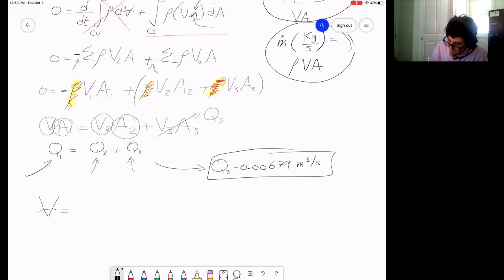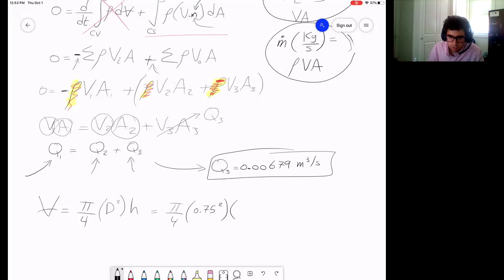Is this a rectangle container? No, this is a cylinder. So you have pi over 4 times the diameter squared. That's the area, times the height, h. Now you have volume. This is the equation for the volume of a cylinder. So if you plug in the values, pi over 4, diameter is 0.75 squared, times height.